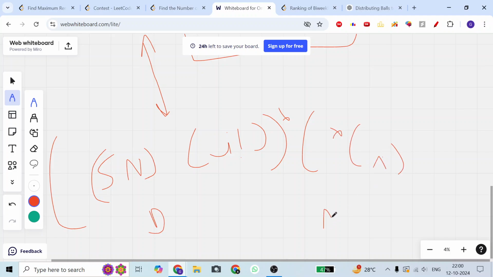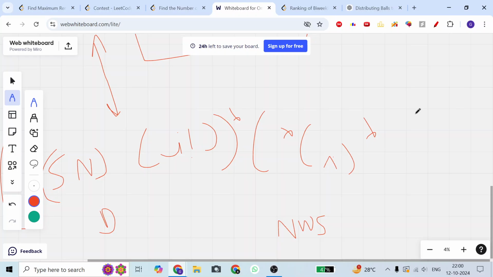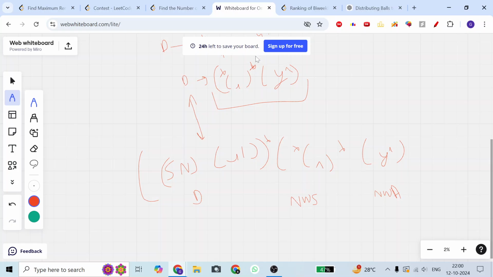These are the number of ways to assign stages, into y raised to the power i. This is the number of ways to award them.